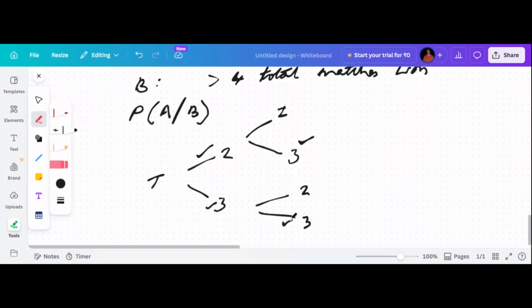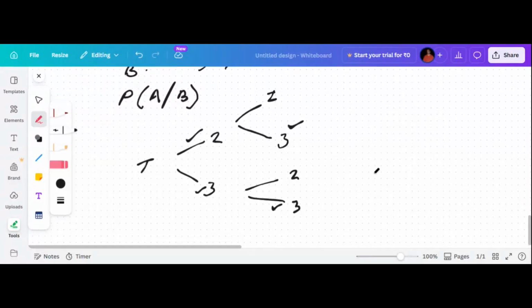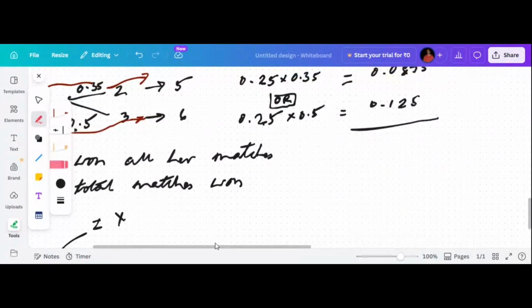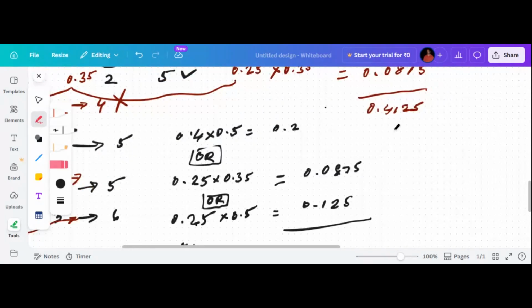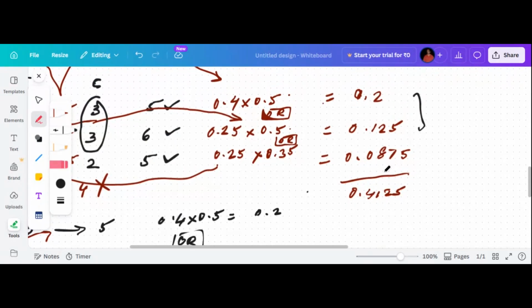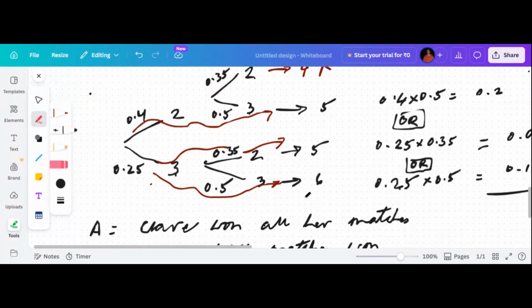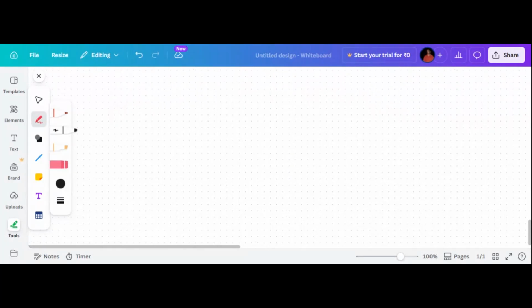These are the only two possibilities. We found this is not acceptable. The total we found here was 0.4125. The sum of these two possibilities is 0.2 plus 0.125, 0.3125. So 0.3125 over 0.4125. Correct? I think it's become a mess.